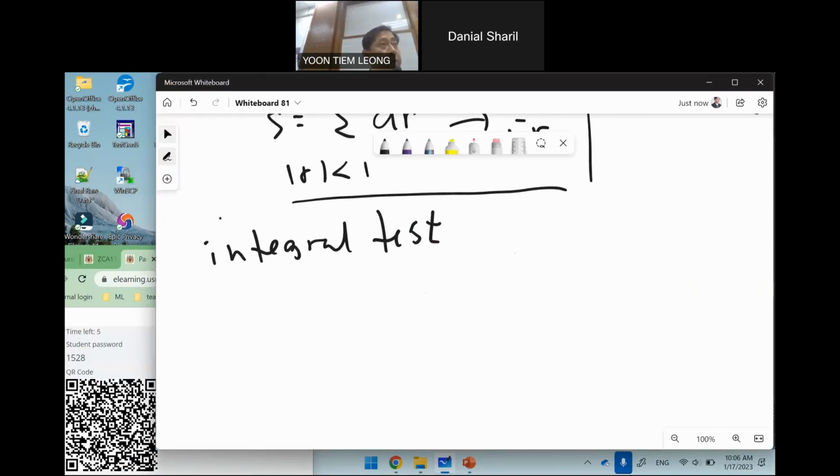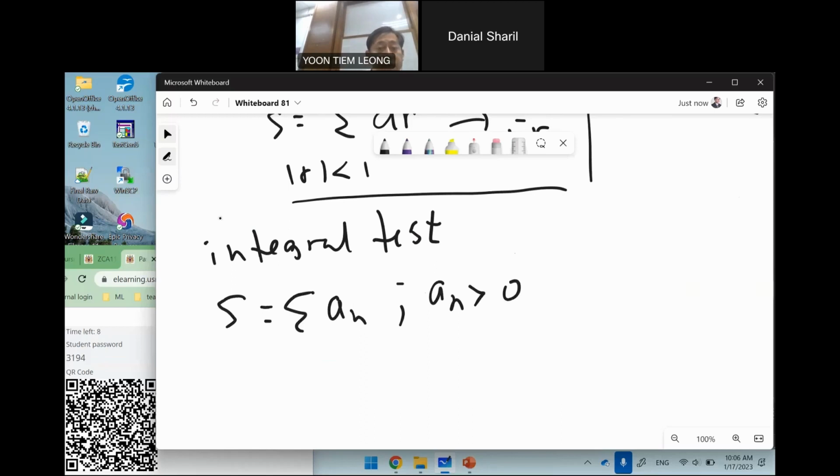But this integral test is specific. It is applied only to a series where all the terms are positive. The condition to apply the integral test is that the series has to contain only positive terms. It cannot contain negative terms.